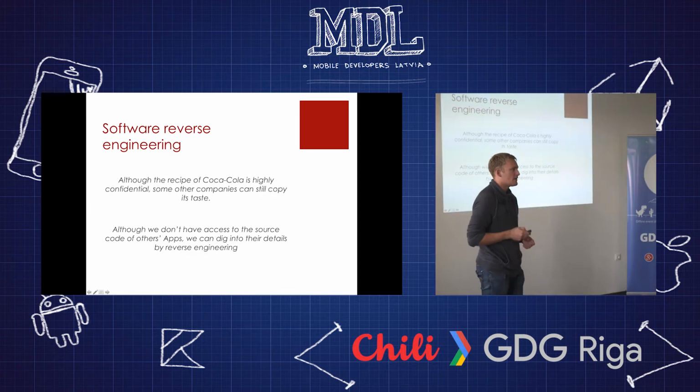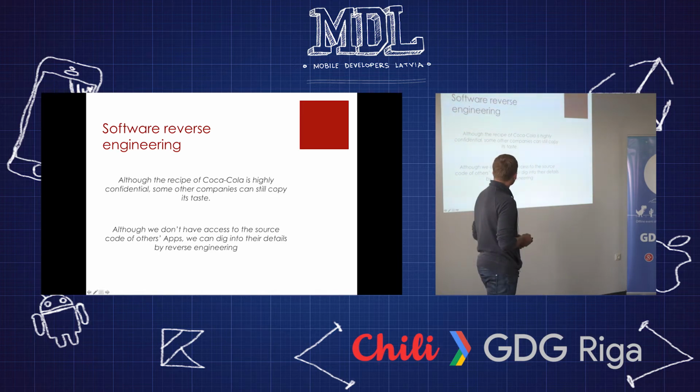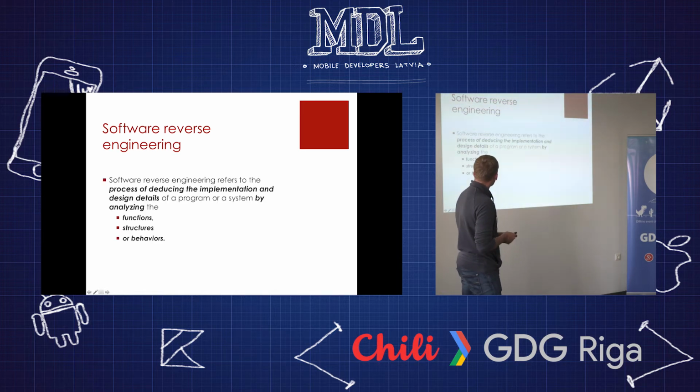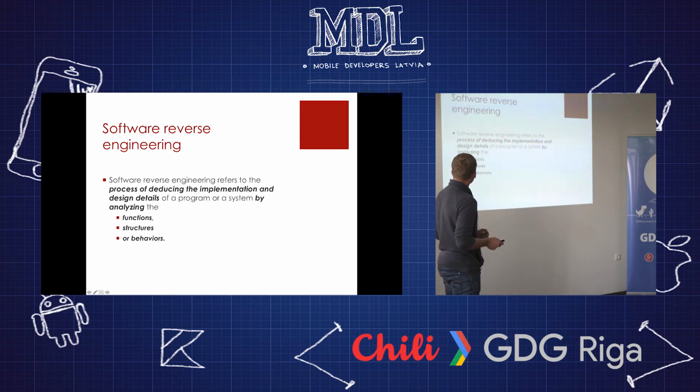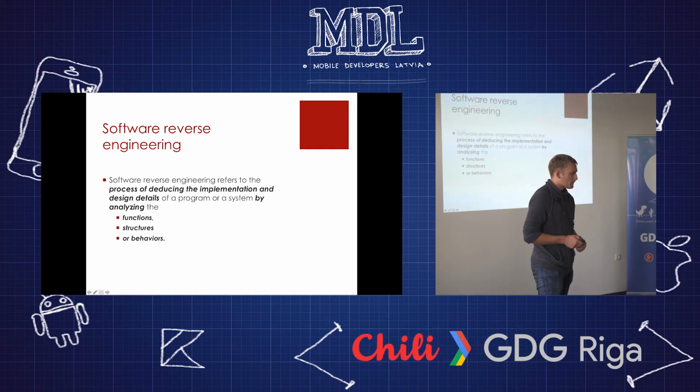So you try to analyze the application from all the ways where you can access it. Reverse engineering refers to the process of deducing the implementation and design details of a program or system by analyzing the functions, the structures, behaviors, as I said, all the things that you can get access to, right?